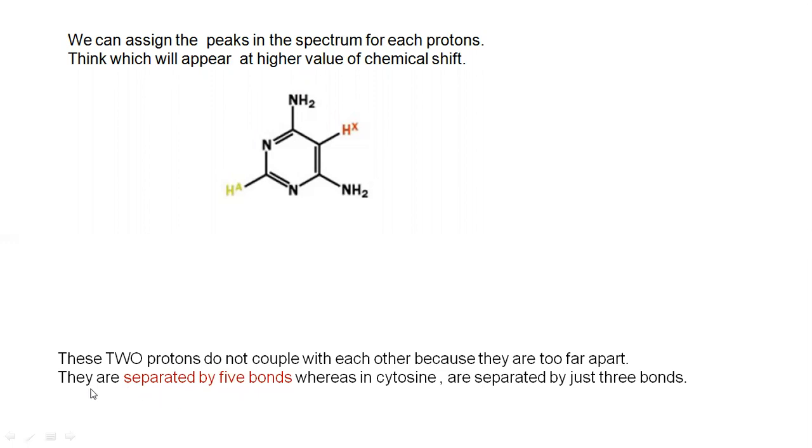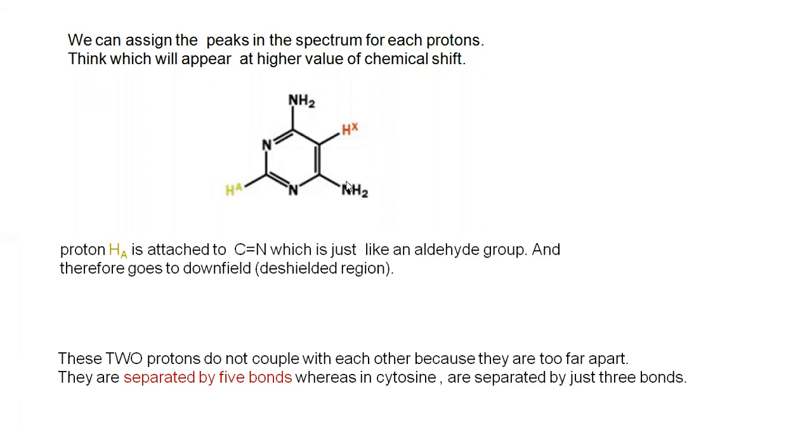Therefore, they are separated by 5 bonds. In cytosine, it was 3 bonds. If you see the example of cytosine, HA was here, so 3 bond coupling was possible, while 5 bond separation is not possible. Fine, we have discussed this.